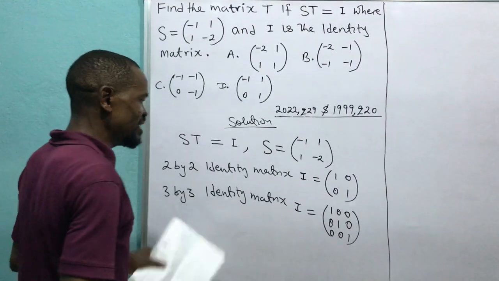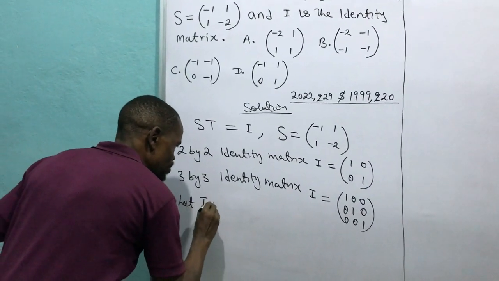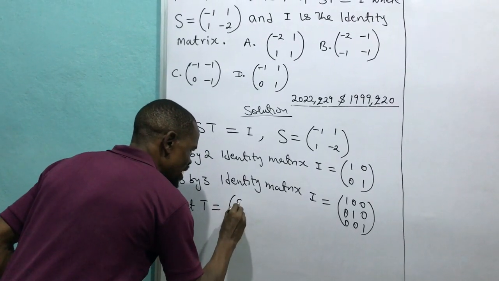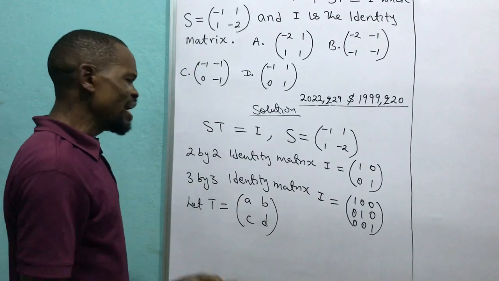Then this T, I will say, let T be equal to A, B, C, D. You can call it any alphabet, X, Y, Z, Q, whatever.